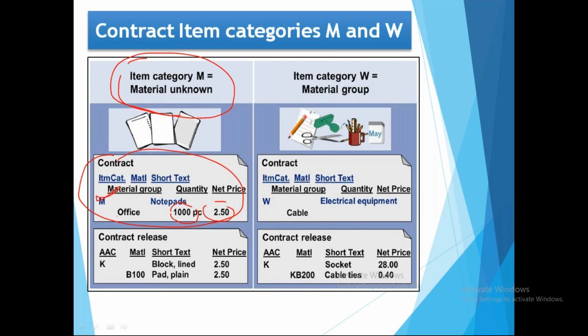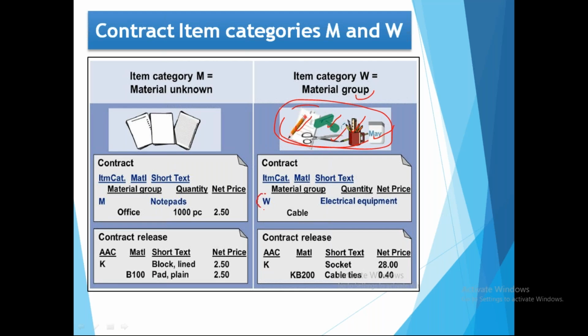Whenever you are creating the release order, either you can enter the exact material now that you know, or you can create with cost center also, account assignment category. Whereas in case of item category W, material group, there are some materials belonging to the same material group.